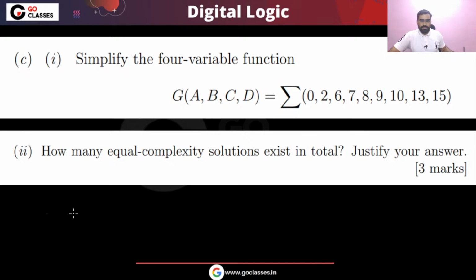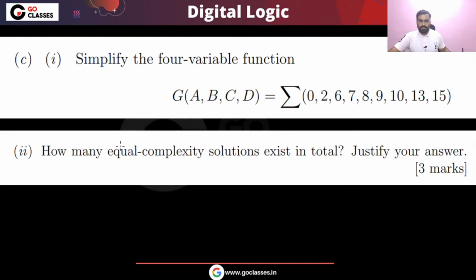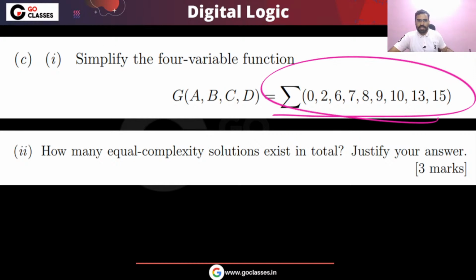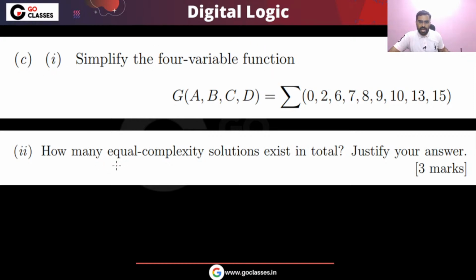Okay, so this is another question. Can you solve this question? This is very simple. ABCD, this function is given to you, and these are the true minterms, where your function value is 1. The question is asking first to simplify this, and the second question is, how many equal complexity solutions are there?